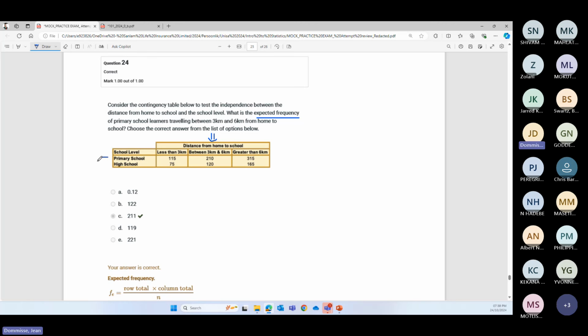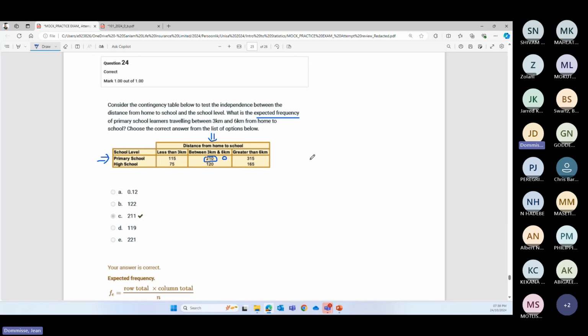Primary school. That number is for observed. Remember, that's for observed. They ask, what is the expected frequency of primary school learners?